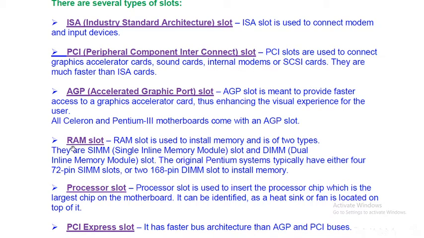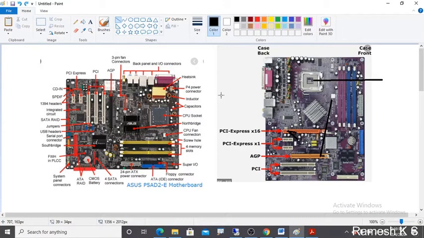Suppose you have seen some graphics-related movies. In those movies they used AGP cards, accelerated graphics port cards, with the help of this slot. If we insert graphics cards at these slots, graphics applications run much faster. So this is the AGP slot.